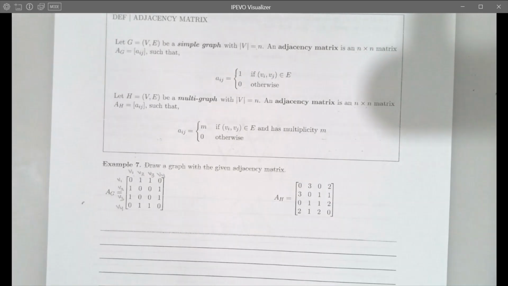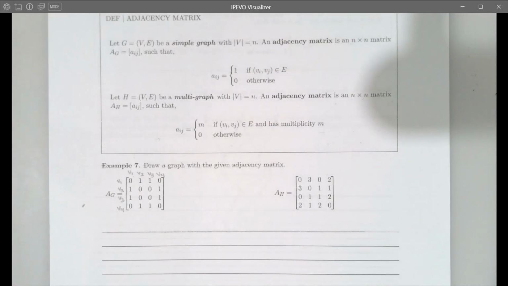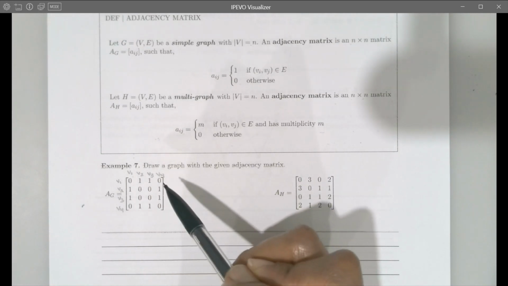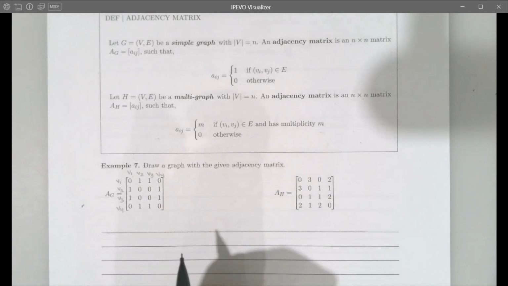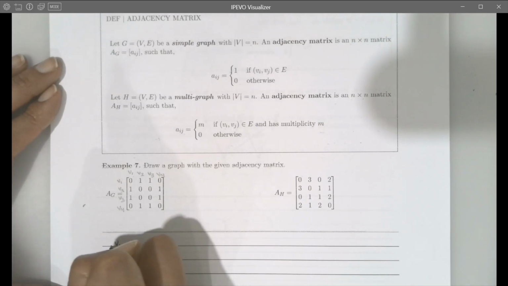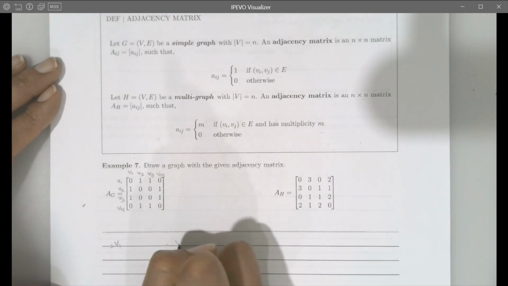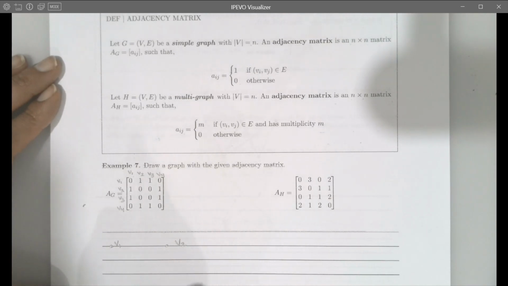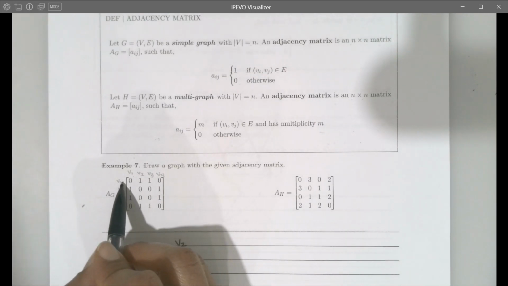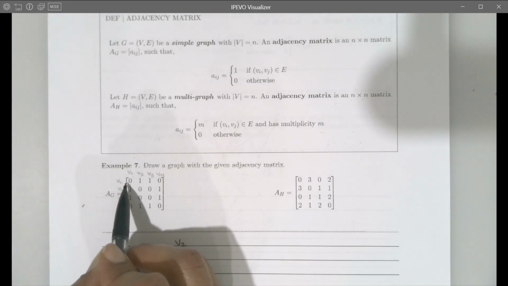Remember, the matrix is going to represent whether or not there is a connection between the two vertices. So I'll draw V1 as a node here, V2 here, V3 here, and V4 here. Remember, we're still considering undirected graphs, so the direction doesn't matter.